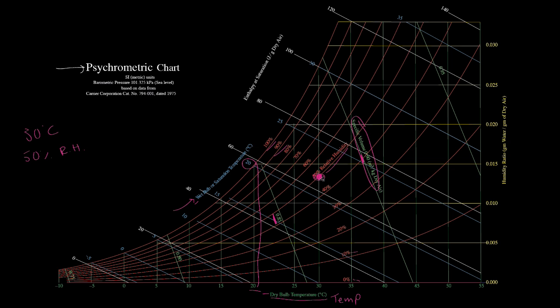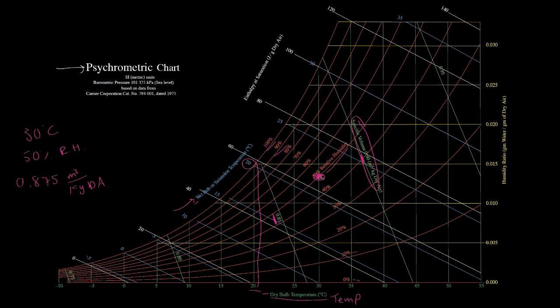So that would mean our specific volume is going to be something on the order of 0.875 meters cubed per kilogram of dry air. Now if we wanted to go to a different condition, let's say some arbitrary point up here, you could then tell what the volume change was of that process.